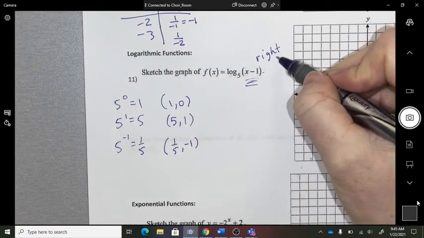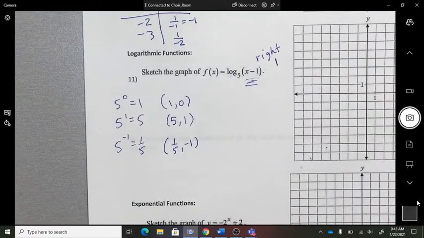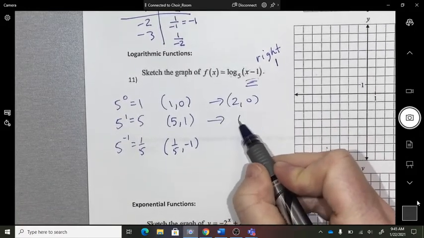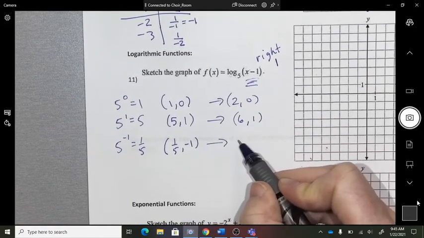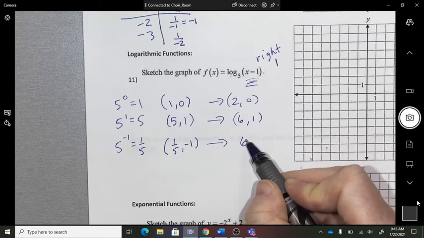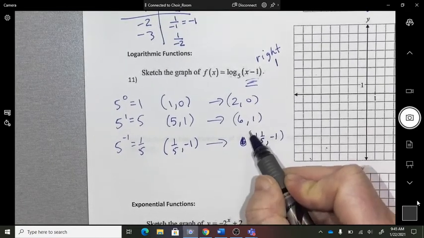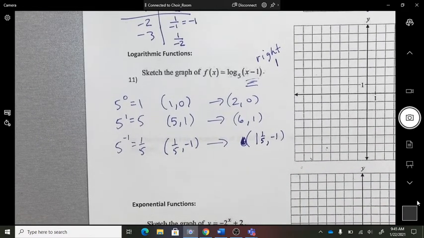Right 1. Everything's going to get moved right 1. So all the points, I just need to make sure I move them right.